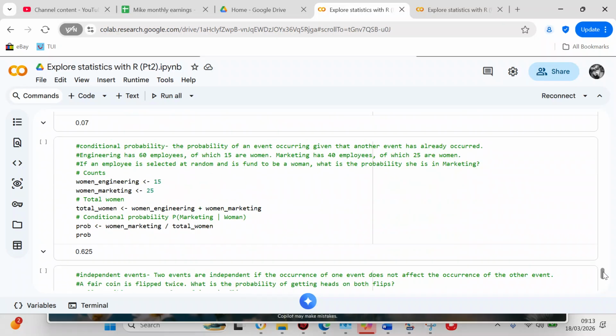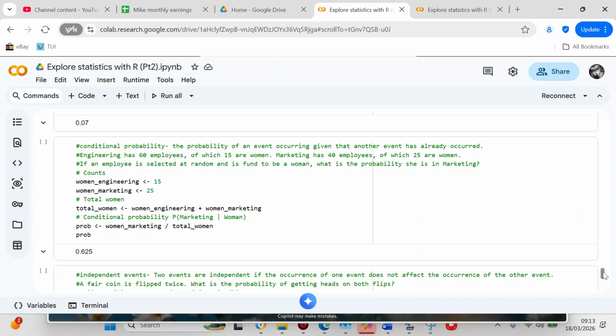So now we've got conditional probability. Conditional probability is the probability of an event occurring given that another event has already occurred. So we've got a practice question for that. Engineering has 60 employees, of which 15 are women.